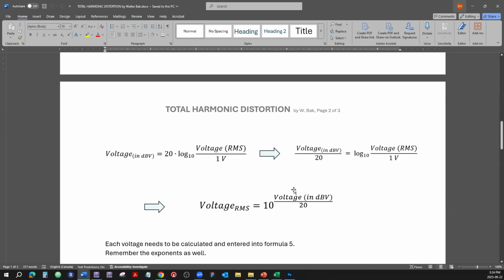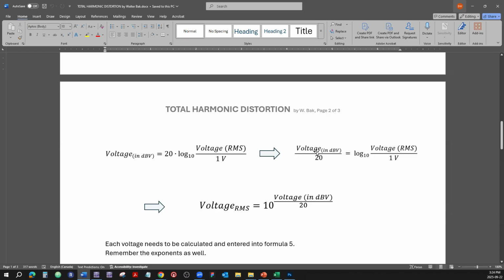So what is the voltage? Well, here's the formula. The voltage in dBV equals 20 log base 10 of the voltage RMS divided by 1 volt. So that's what the dBV is. Therefore, we can rearrange that formula here.